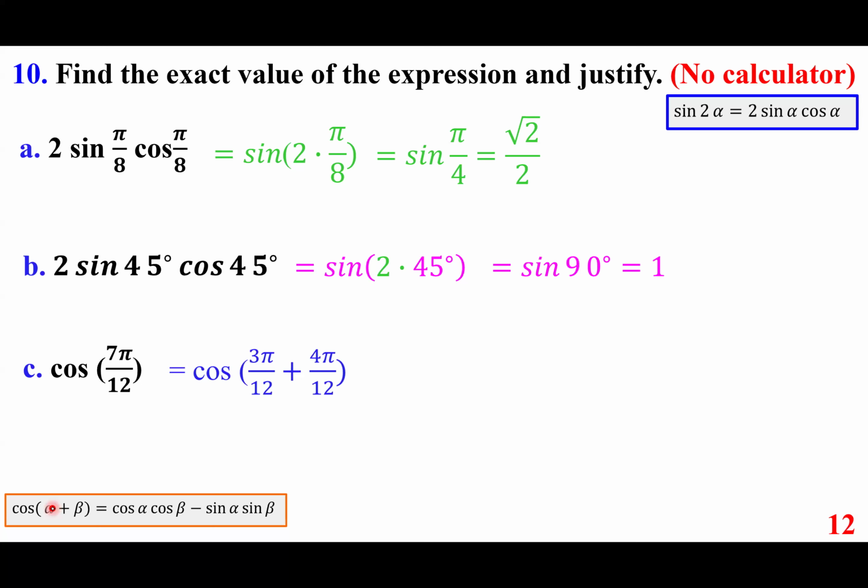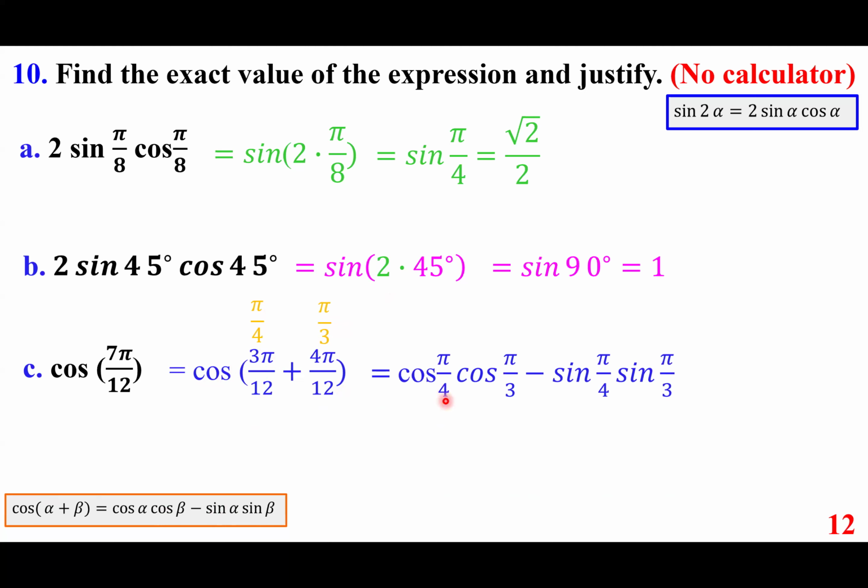Notice 3 pi over 12 is pi over 4, 4 pi over 12 is pi over 3, so you're adding pi over 4 and pi over 3. So cosine alpha cosine beta, that means cosine of pi over 4 cosine of pi over 3 minus sine pi over 4 sine pi over 3, and those are common arcs.